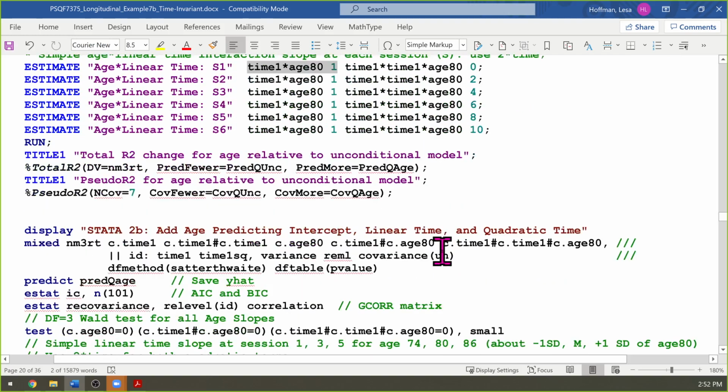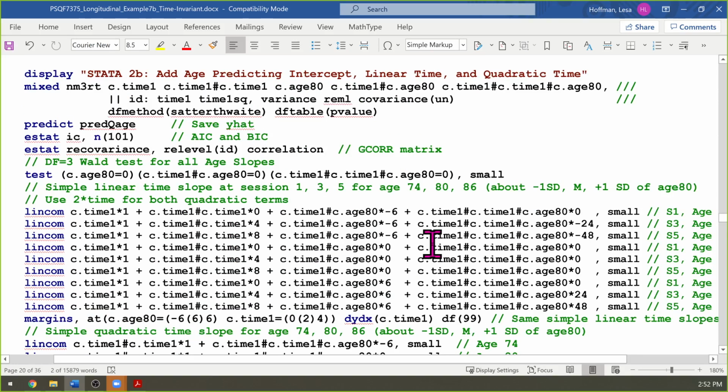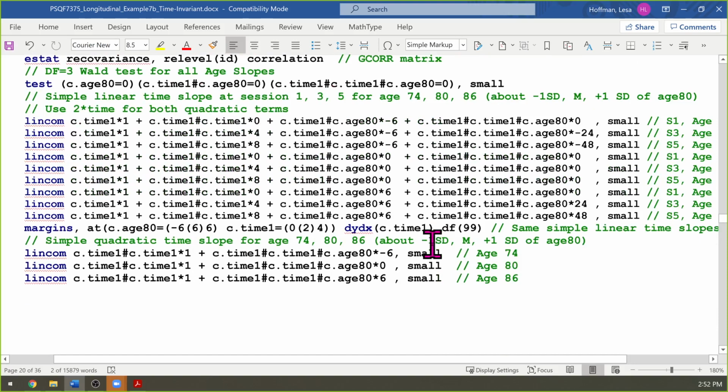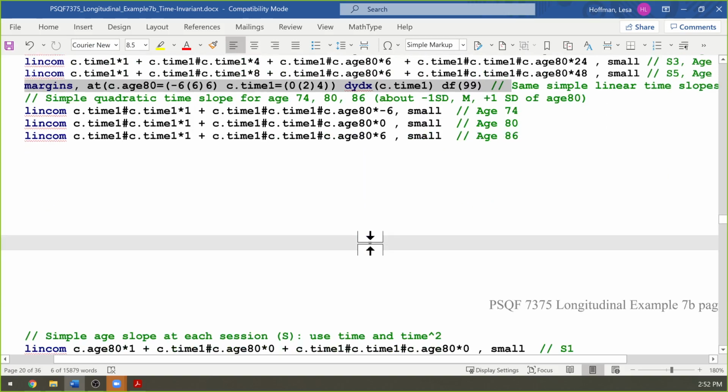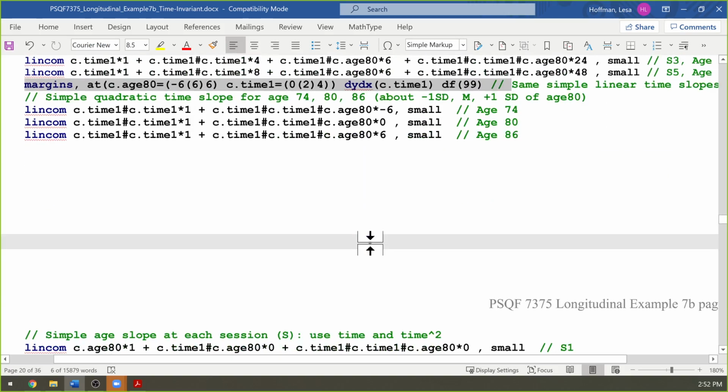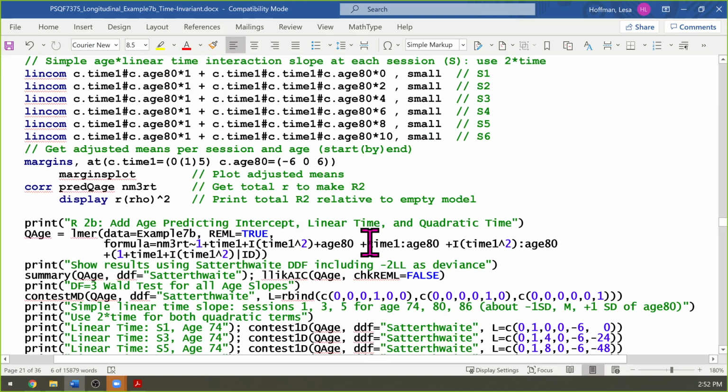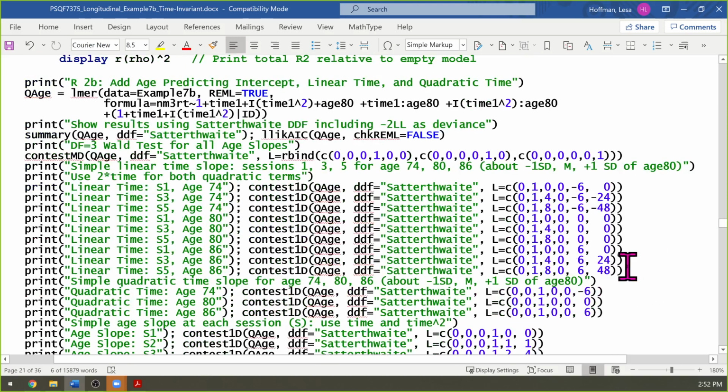So then the same ideas show up in the lincom statements in Stata. Note that for some of these you can cheat and use the dydx command to shortcut all of the lincom statements for simple slopes. And in R, all of this shows up with these series of numbers here.